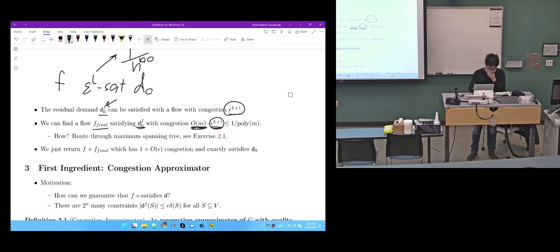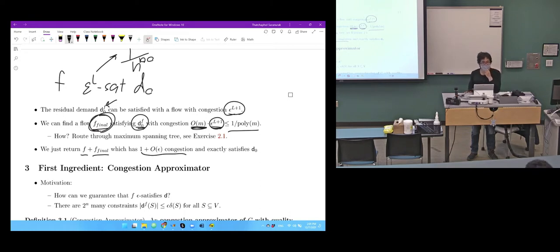So you can route this tiny demand with F final, and the congestion of F final would still be negligible. So what we need to do is just return F plus F final, and the congestion is small.